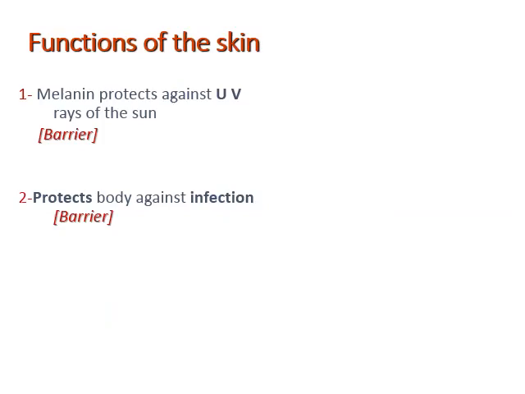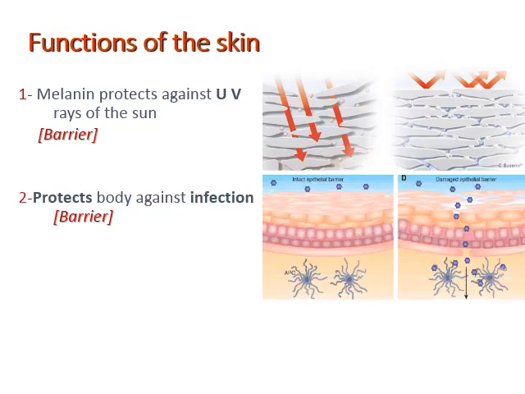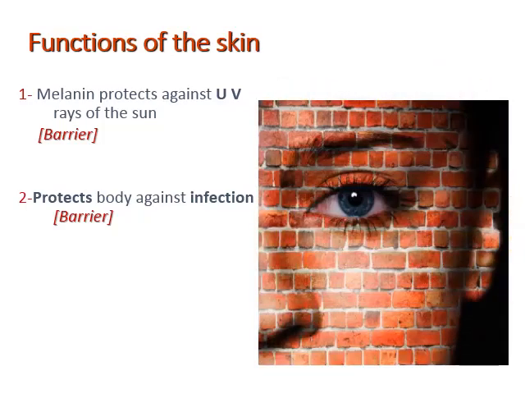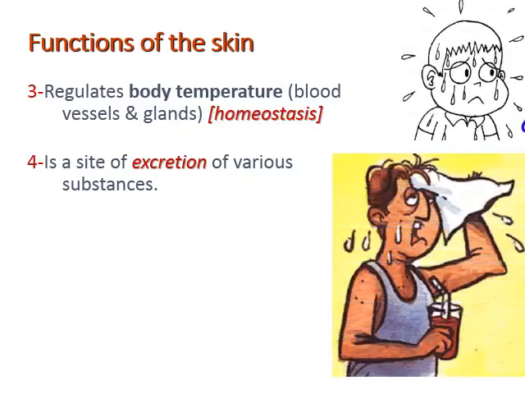Regarding the function of the skin, it has a lot of functions. By its function as a barrier, it protects the body from the effect of the ultraviolet rays by the presence of melanin. Also, by its effect as a barrier, it represents a barrier against infection. It also regulates the body temperature, as we said, the sweat glands lead to cooling of the skin.